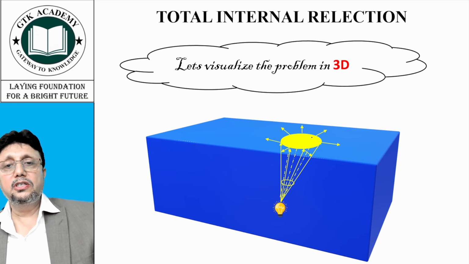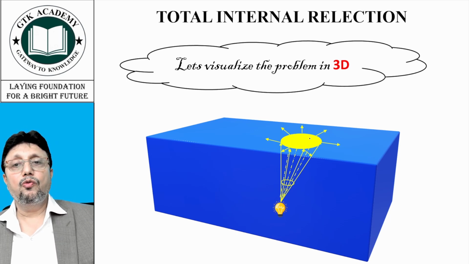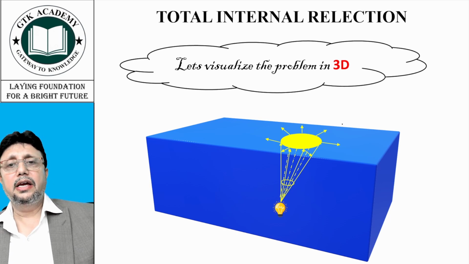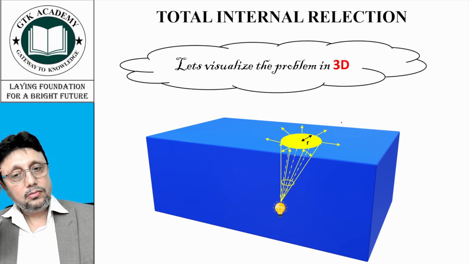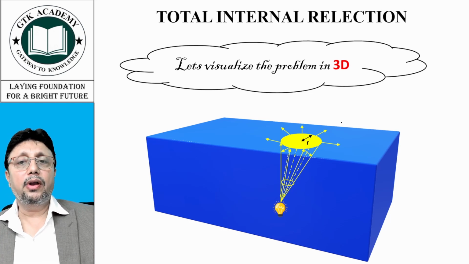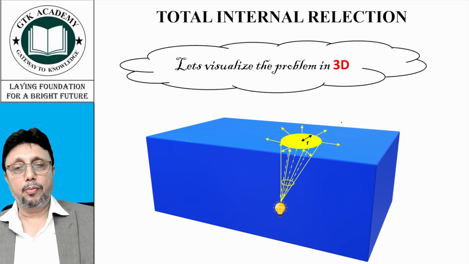Although since it's a three-dimensional figure, the shape is seen as an ellipse, but it's a circular shape. The shape is circle, right? Say of radius R.